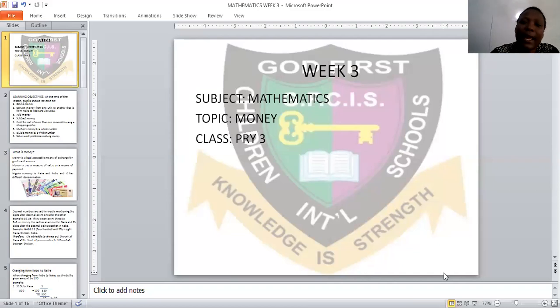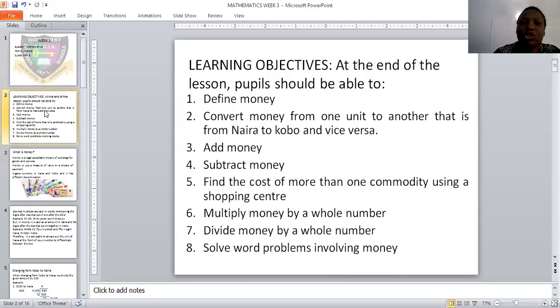Okay? Today, we'll be looking at the topic money. At the end of the lesson, each of the pupils should be able to define money, convert money from one unit to another, that is, from naira to kobo, and vice versa.